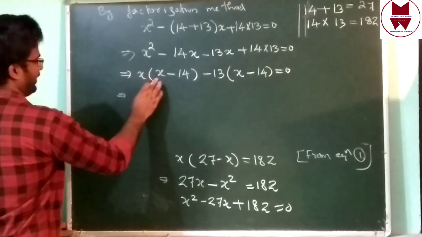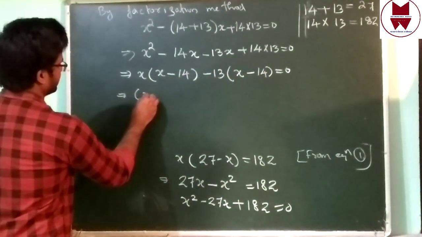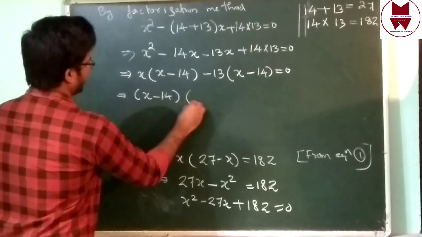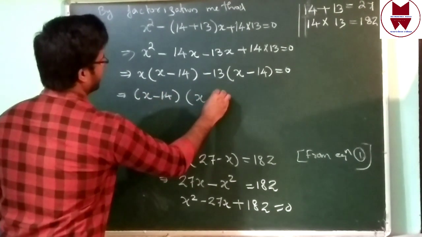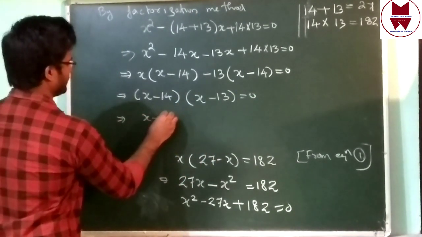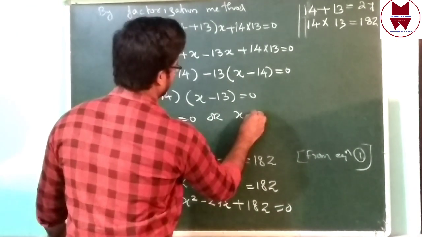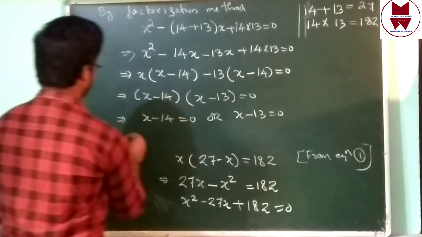All total x minus 14, in here also x minus 14. Take outside. Then x, in here remaining minus 13. X minus 14 equal to 0, or x minus 13 equal to 0.